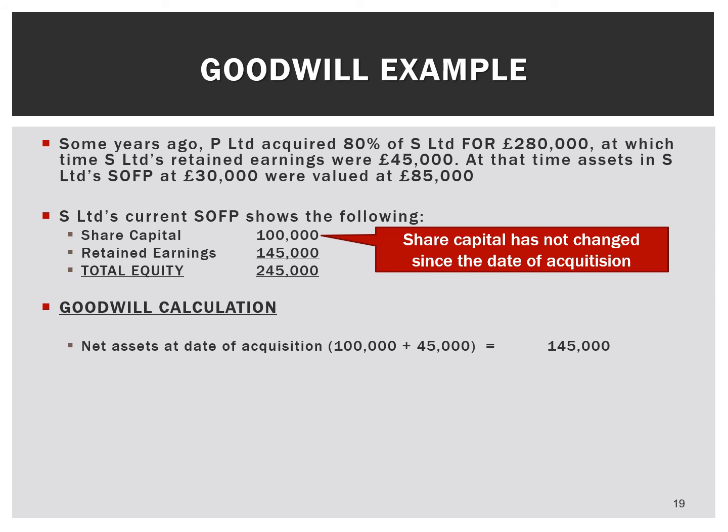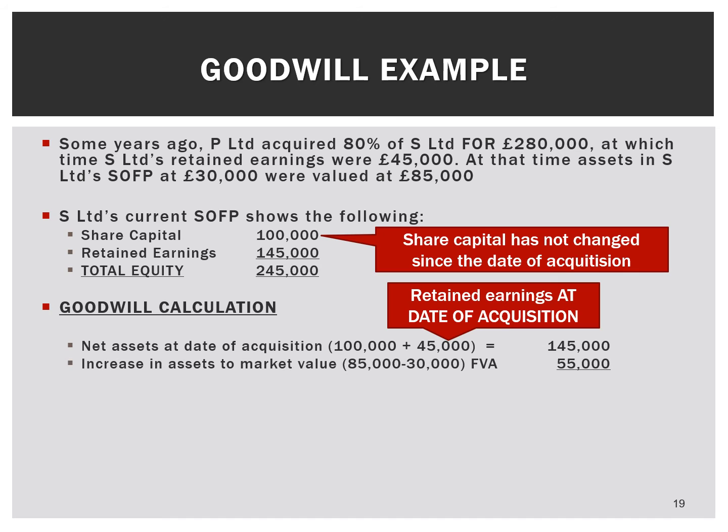We then need to add on to that any difference between the market value and the balance sheet value of the assets at the date of purchase. And we've seen here that in the detail of the question, at the time of purchase, assets in S Limited that were recorded at £30,000 were valued at £85,000. So included in S Limited's accounts were assets that were actually worth £55,000 more than the balance sheet value.